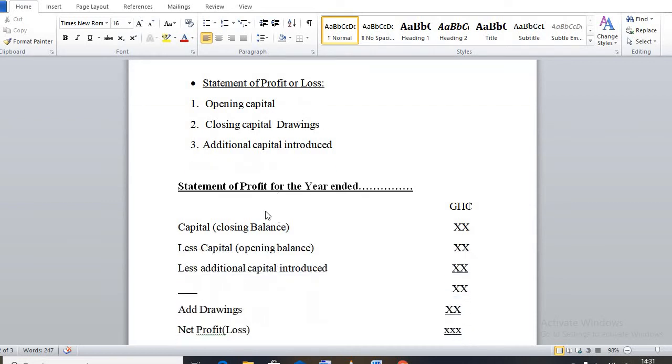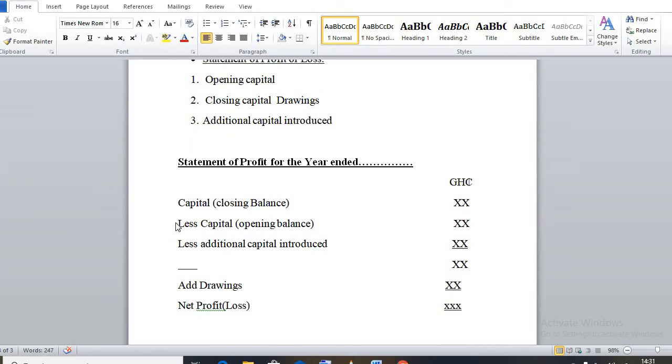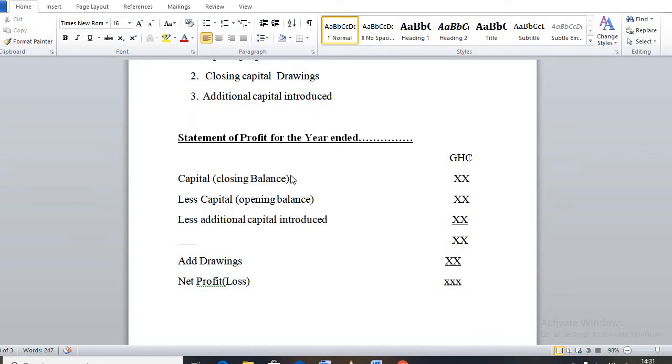So if you are to make it in a statement form, this is how the statement of profit or loss for the year ended will be. So you have your heading statement of profit for the year ended. So it could be 31st December 2019. So the date you always get from the question given.